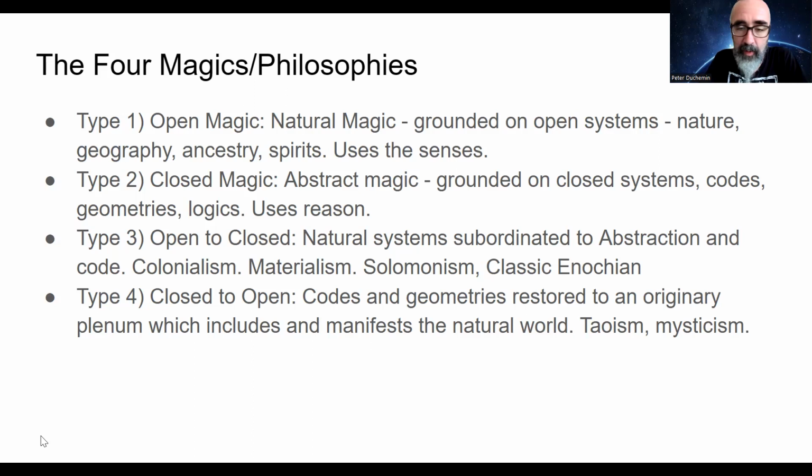So the closest thing I can think of is Taoism, or perhaps forms of Kashmir Shaivism, where there's a return to this natural plenum, even after a process of abstraction.